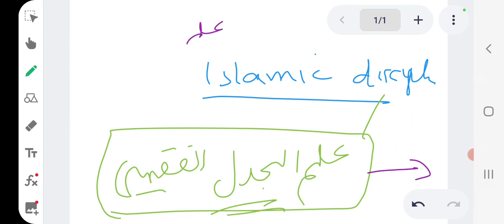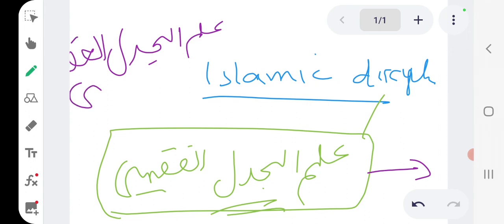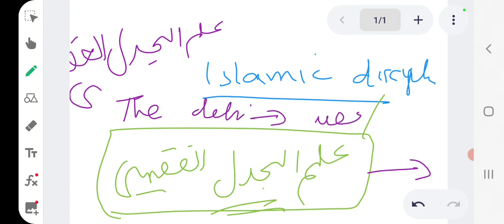Similarly, Ilm al-Jadal al-Aqdi is the debate about Aqidah. Different schools also use the same techniques.